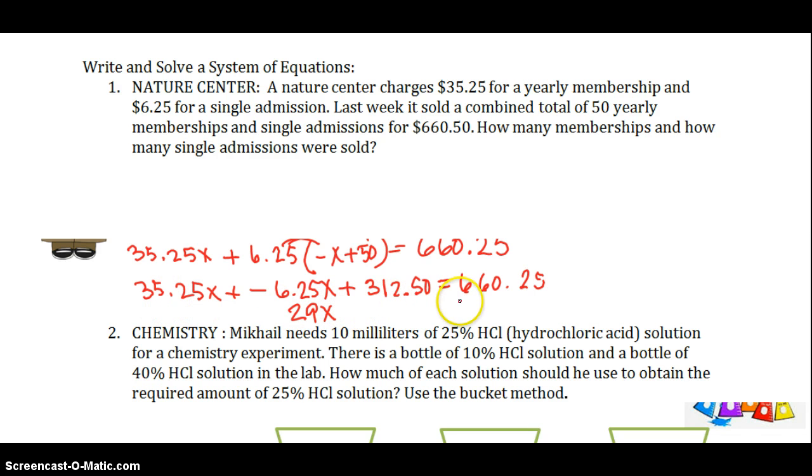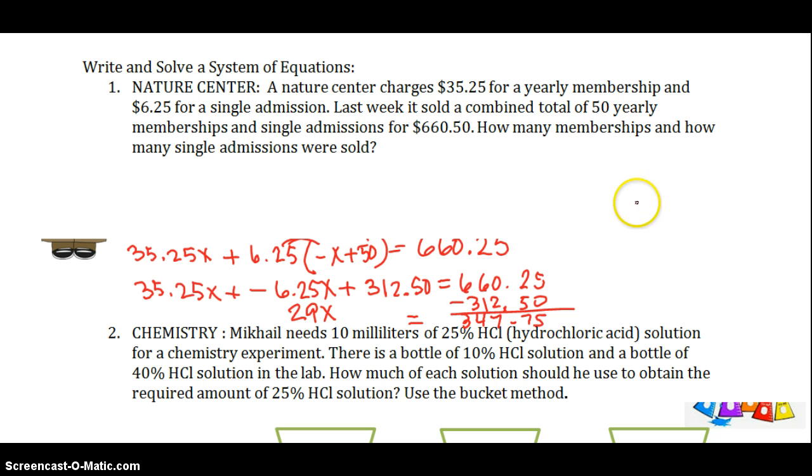And then technically I need to subtract 312.50 from 660.25. So that is going to give me, if I'm doing this correctly, 347.75.